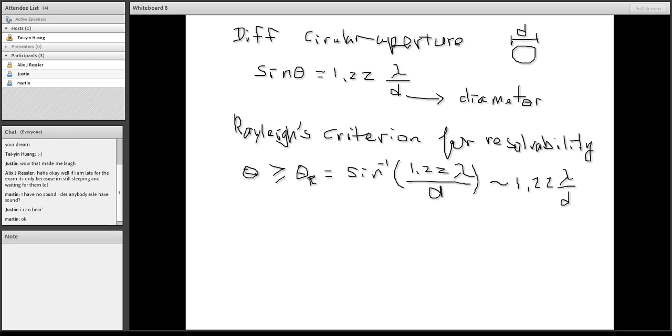The inverse sine of the argument is valid only when the angle is very small. If we apply this to astronomical objects, they are usually very far away, so the angular separation between the objects is very small. So this is valid. This is the diffraction pattern produced by the circular aperture.